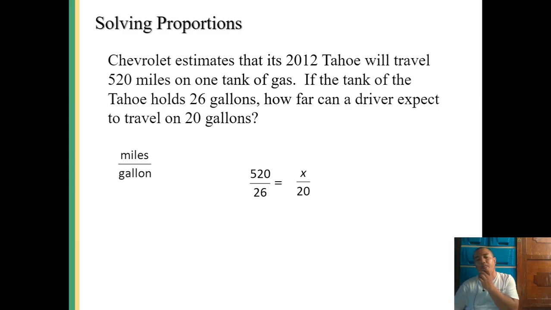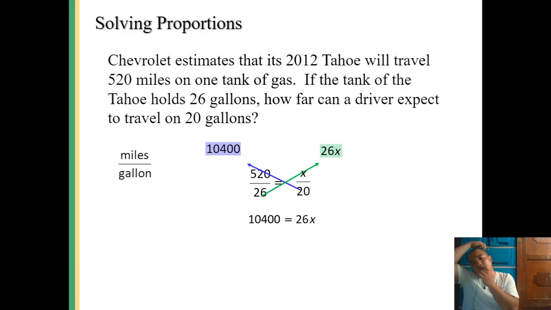So this will be our equation. 520 over 26 equals x over 20. Next, cross products. 520 times 20 is 10,400. x times 26 is 26x. Okay, equate the cross products. 26x equals 10,400. Divide both sides by 26. 400 miles. So for 20 gallons, it will travel 400 miles.